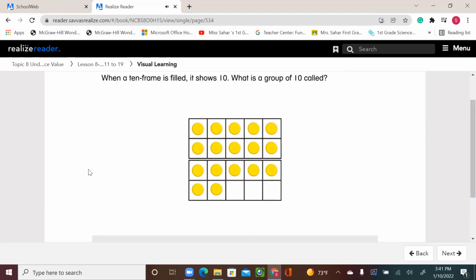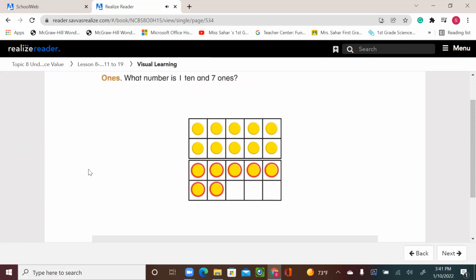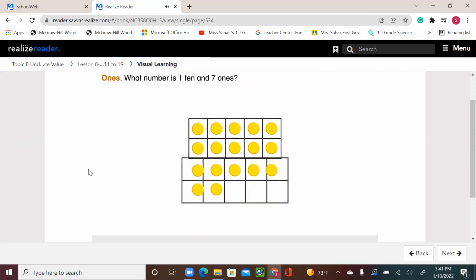When a 10 frame is filled, it shows 10. What is a group of 10 called? A group of 10 is called 1 ten. There are 7 counters left over in the bottom 10 frame. What are the leftover counters called? Ones. What number is 1 ten and 7 ones?